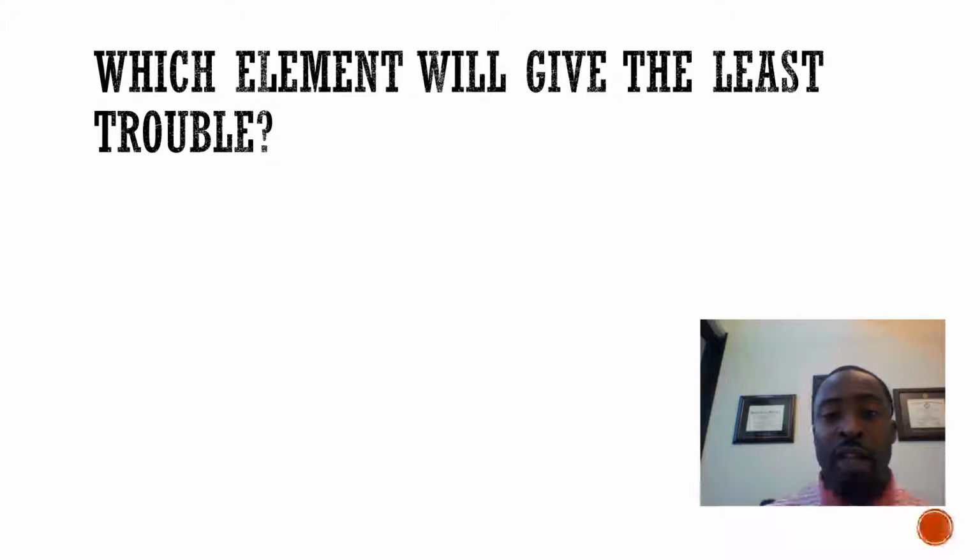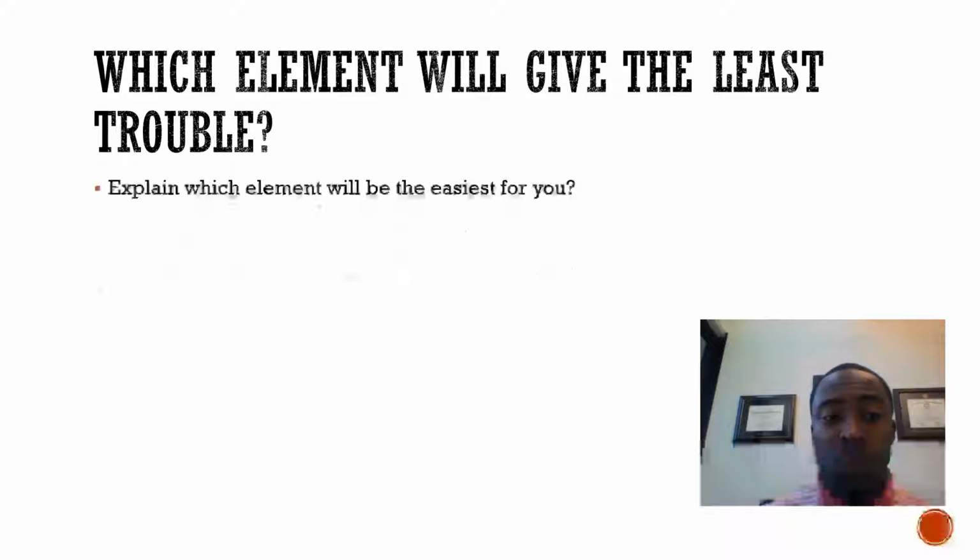Now the next question is going to be a little more detailed. It says, which element will give you the least trouble? Which of those four critical elements will give you the least trouble? So you want to explain which element will be easiest for you to write about. Will it be your initial motivations?